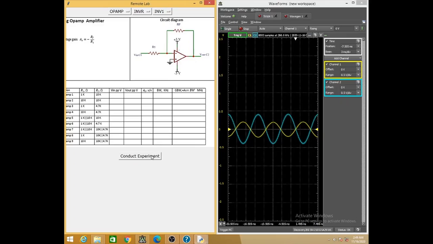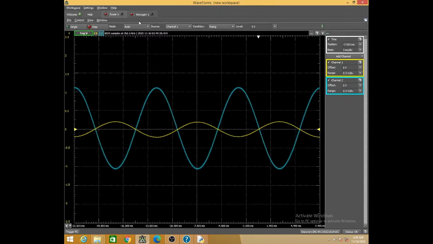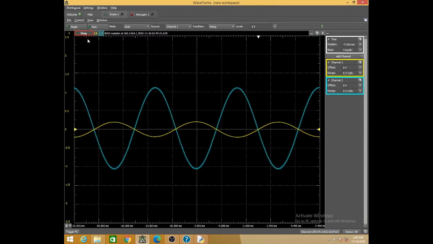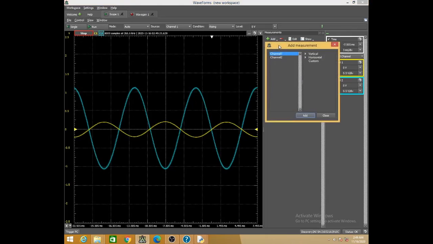Let us see how you can measure different parameters. For that, you can make this bold enough. You can stop the waveforms so that you can clearly measure them. Now I clicked on measure, and it shows predefined measurements. Let me select channel 1 peak to peak amplitude, and channel 2 again peak to peak, which will give me the gain of the amplifier.